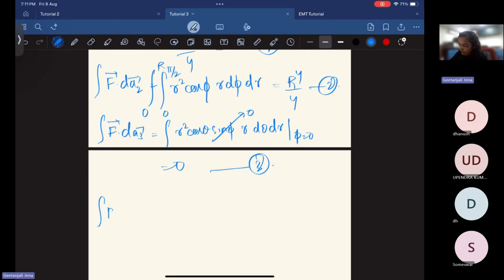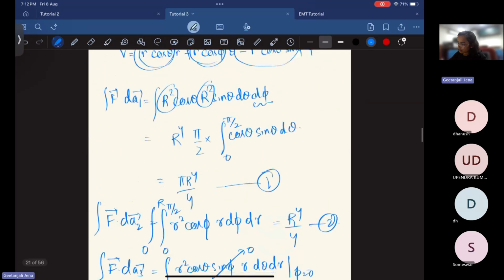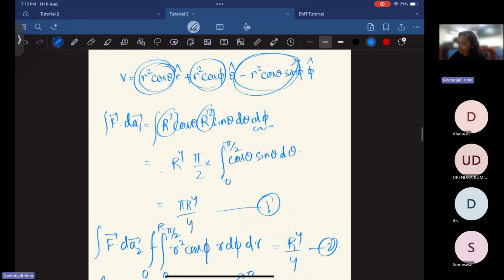So the last one is f dA4, which is also in the phi direction, but the phi is pi by 2 here. So this is r square cos theta sin pi by 2, which will give a value of 1, r d theta dr. So there will be a minus sign here because this is minus.